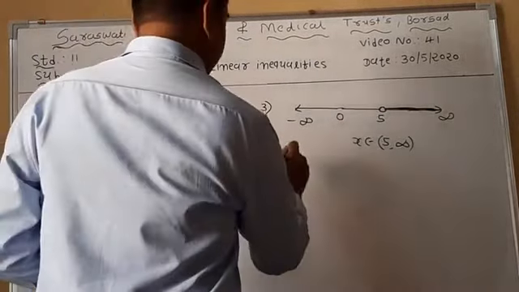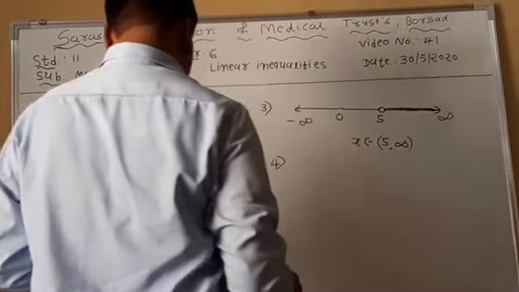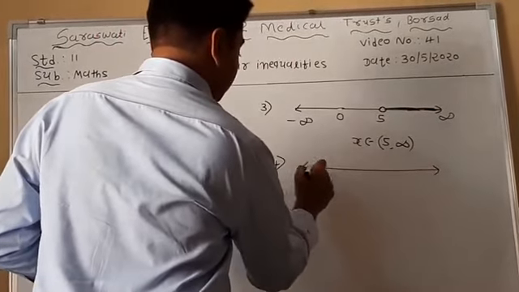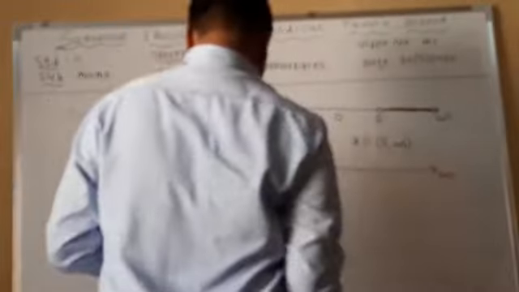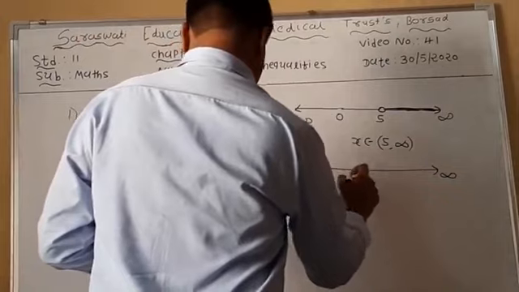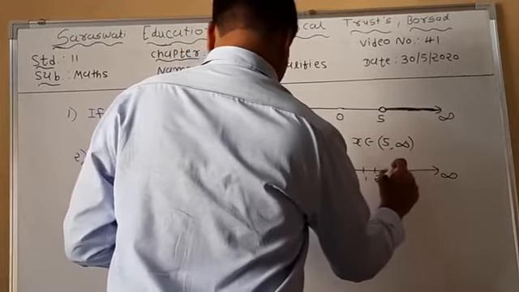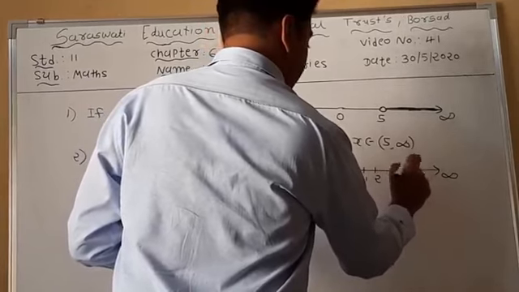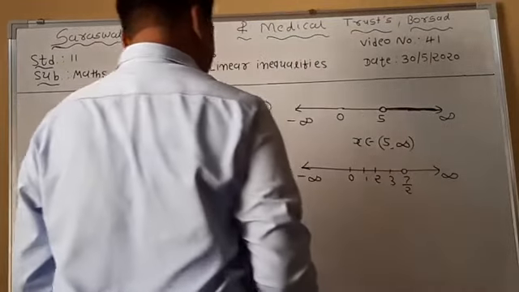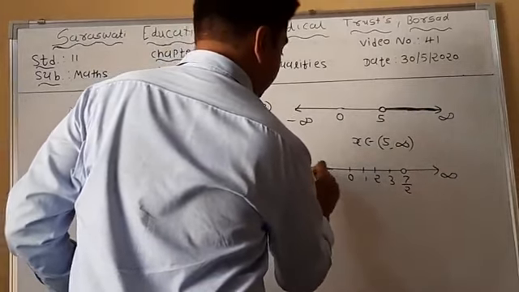Now another question. A number line is present, from minus infinity to infinity. Here 0, 1, 2, 3 are marked, and an open circle at 7 by 2, with the arrow pointing to the left side.